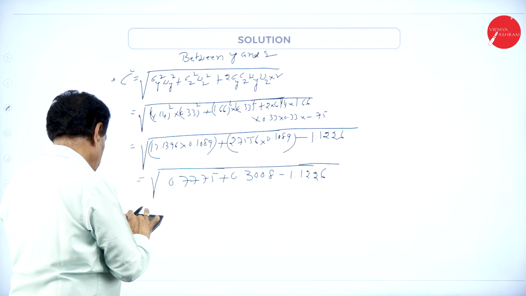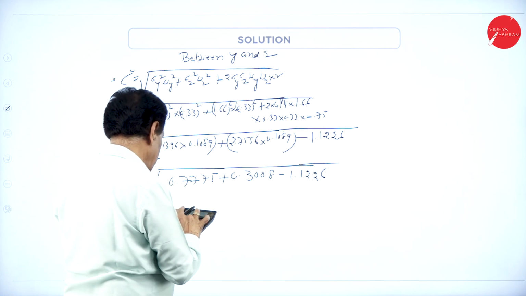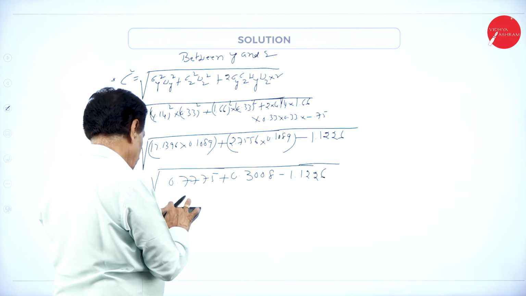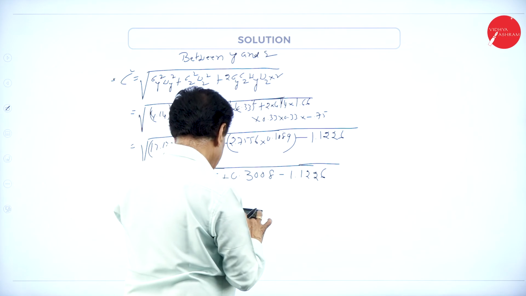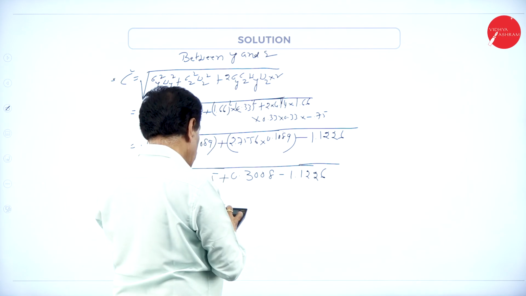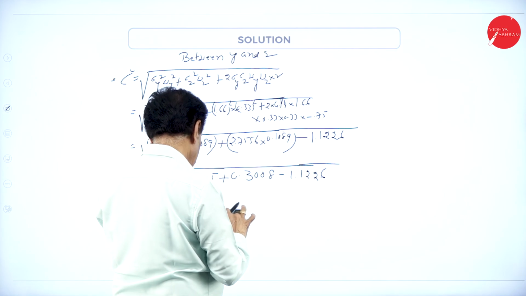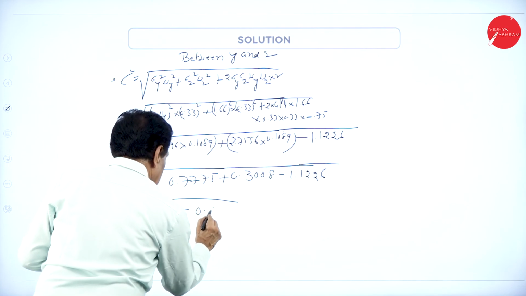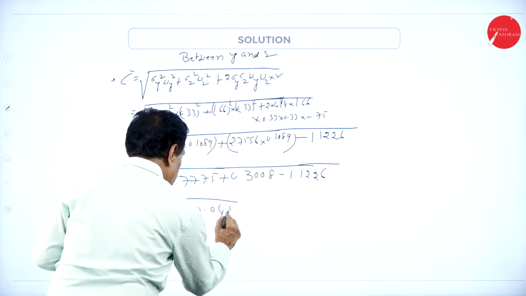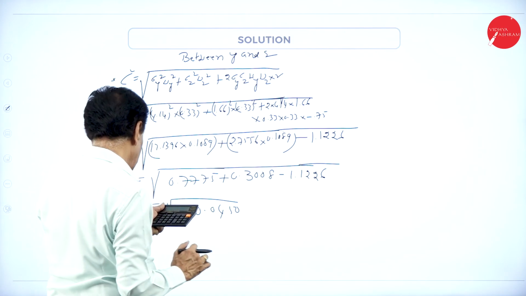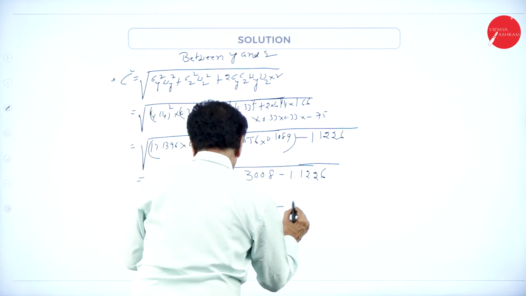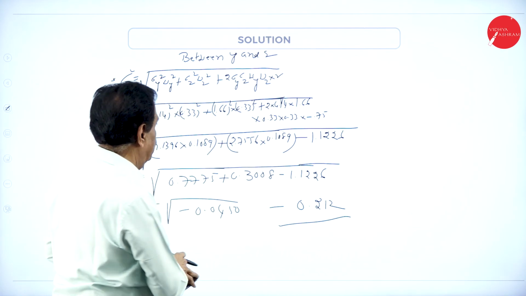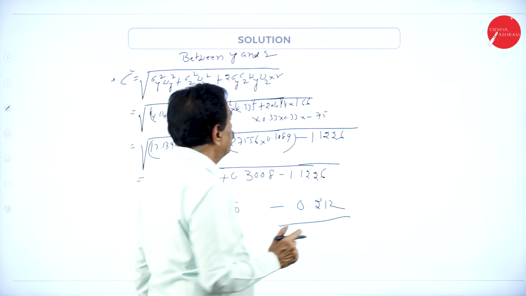This is 0.7775 plus 0.3008 minus 1.1226, minus 0.0450. Root of this, minus 0.212. Last one.